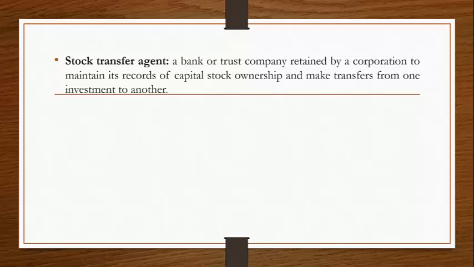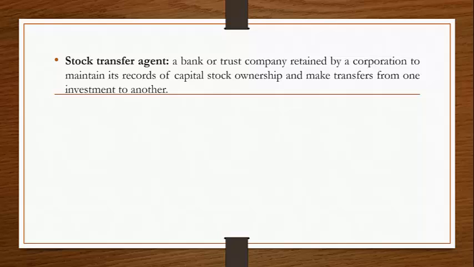A stock transfer agent is normally a bank or a trust company retained by a corporation to maintain its records of capital stock ownership and make transfers from one investor to another.